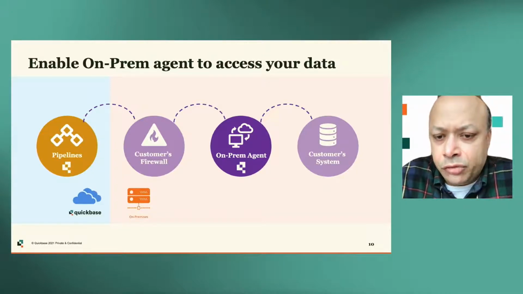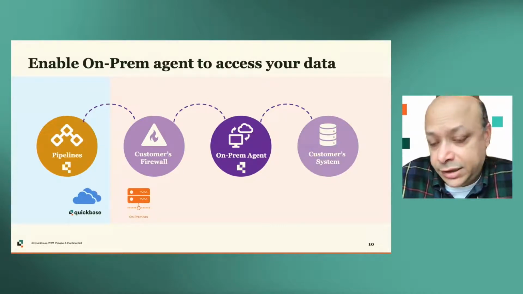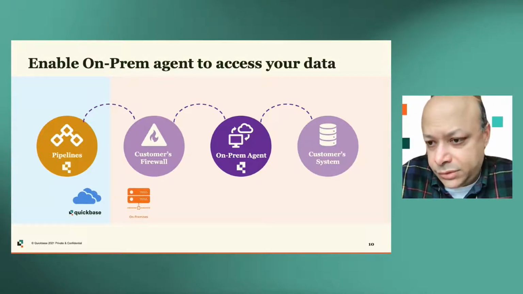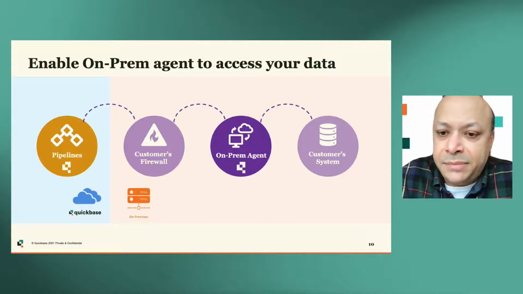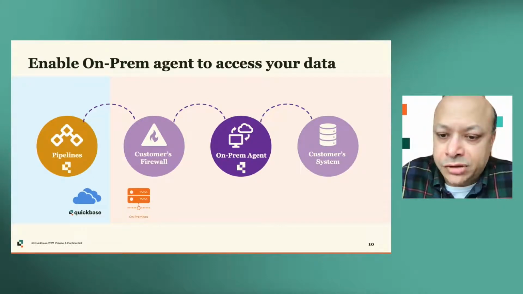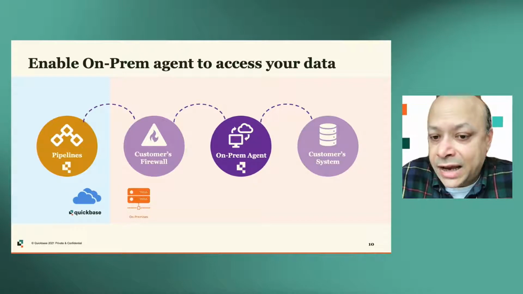So effectively, what you would do is install this Onprem Agent on your host of choice. You would configure it, let's say, if you're using the ODBC connector, to connect to your database system of record. And because you are maintaining the ODBC connection yourself, you have complete control over the permissions. So it is up to you as to which tables, which rows, which records you grant access to this Onprem Agent to query.